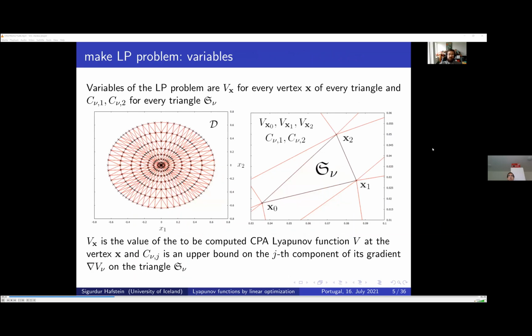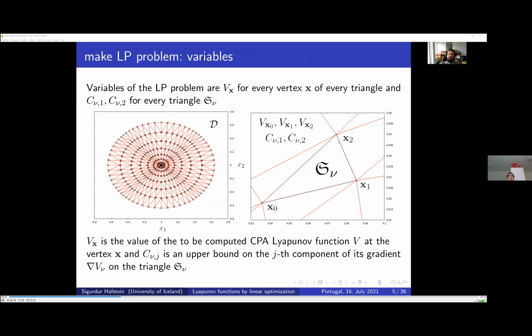The idea is to construct a linear optimization problem such that a feasible solution to this linear optimization problem delivers a Lyapunov function for the system. And here we take every vertex of the triangulation. Here is the whole picture, and here it's zoomed in, here is a particular simplex, nu. This particular simplex has three vertices, x0, x1, x2.